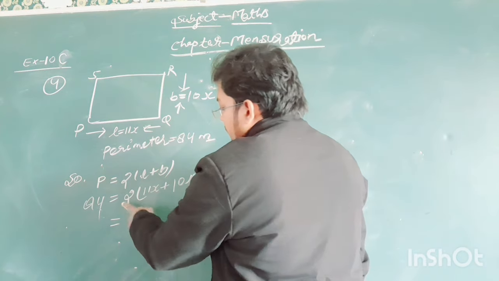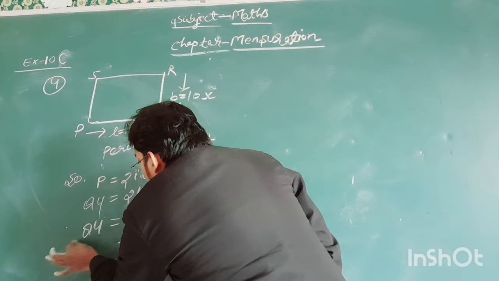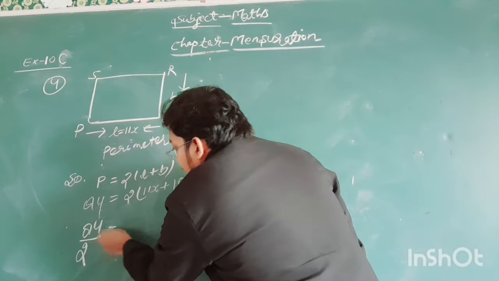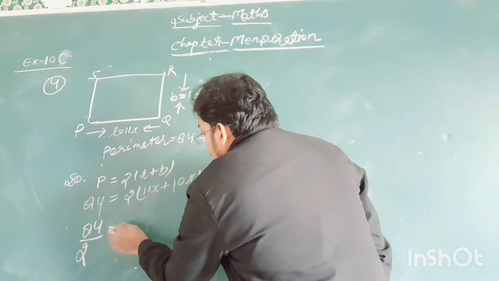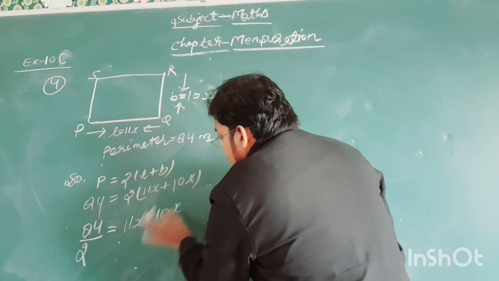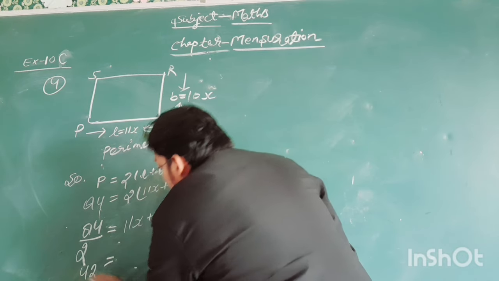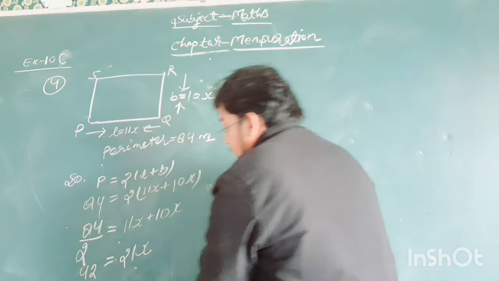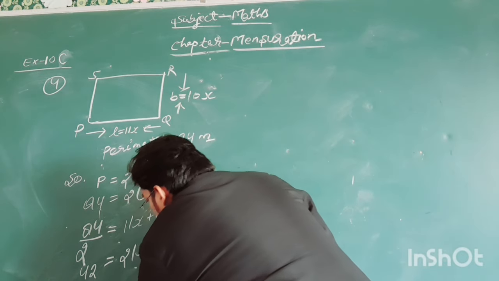Here we transpose the 2, which divides 84, and we get 11x plus 10x. 84 upon 2 is equal to 42, and this is 21x. 42 upon 21 is equal to x.